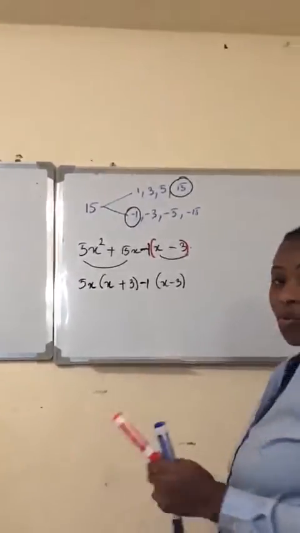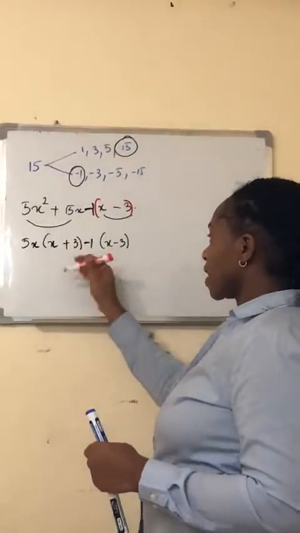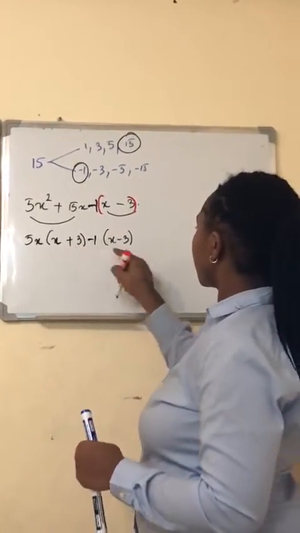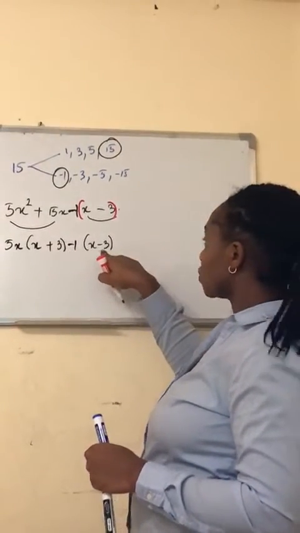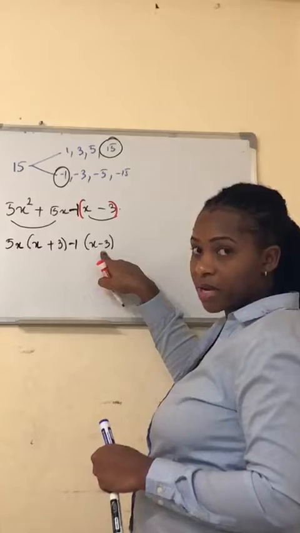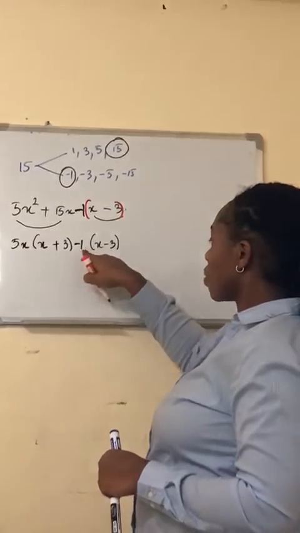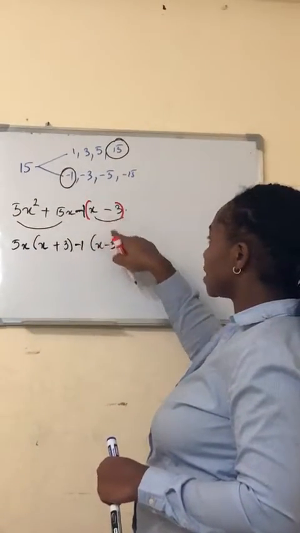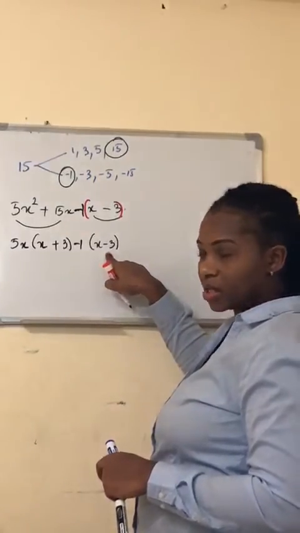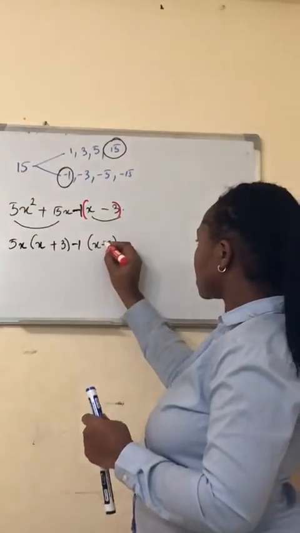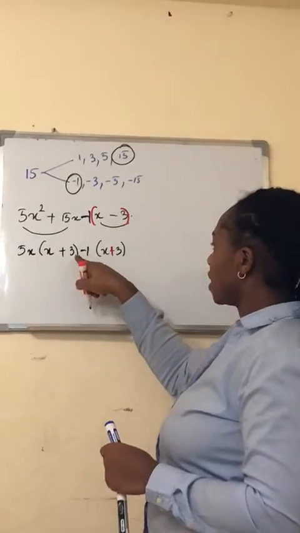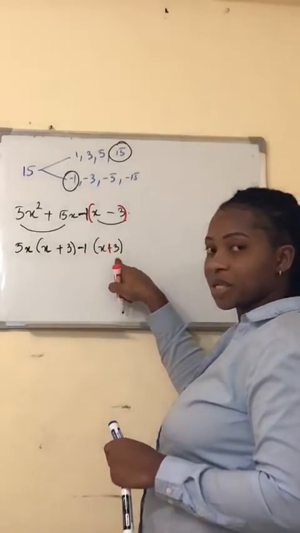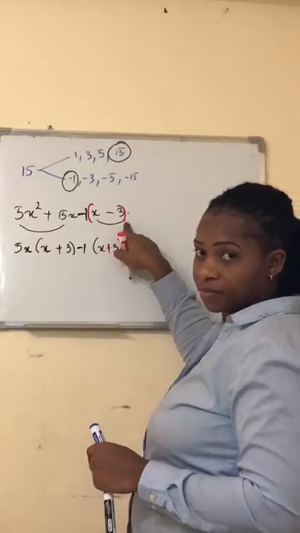Once the negative is factored out, it automatically affects the inner bracket. Remember I told you that? Because when we open the bracket, we should get the same sign as that original bracket. So here it becomes plus, because if I multiply minus 1 times plus 3, I should get minus 3.